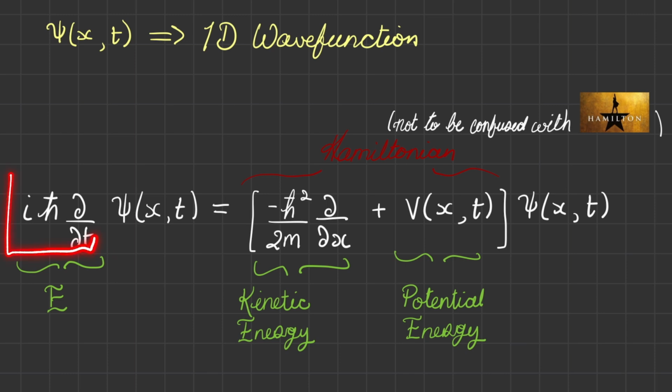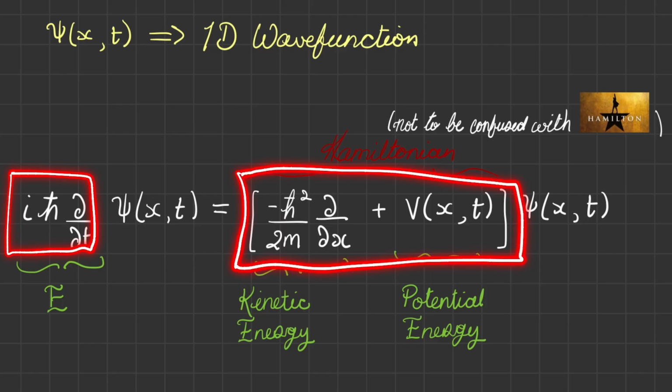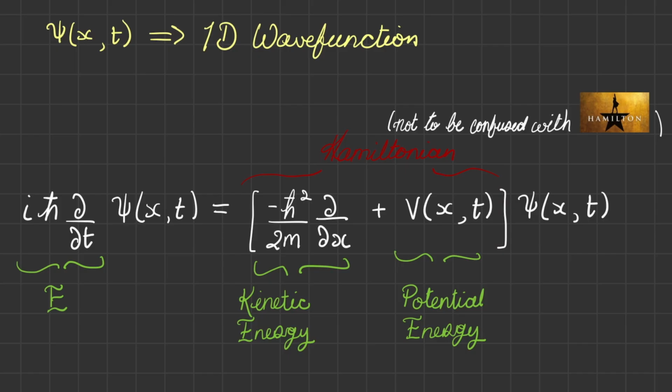We can see that this i-bar time derivative bit is equivalent to the Hamiltonian. As a matter of fact, i-bar time derivative is actually the quantum mechanical way of saying energy. So what this equation says overall is that the wave function evolves over time according to its total energy.